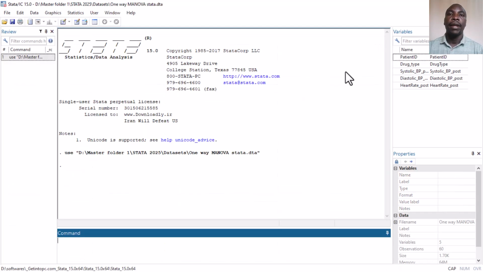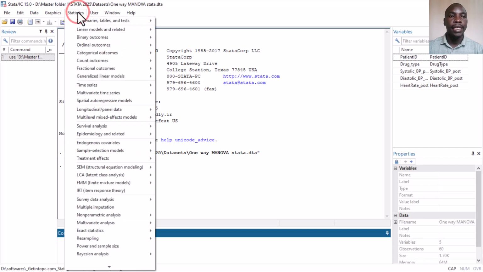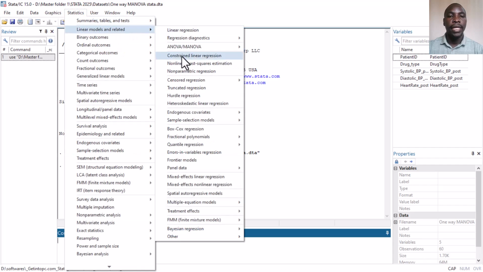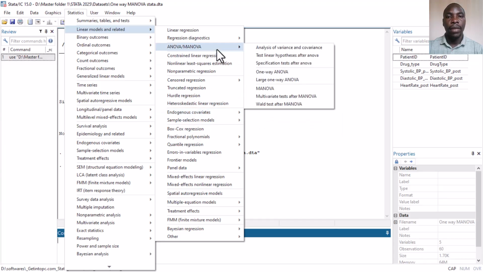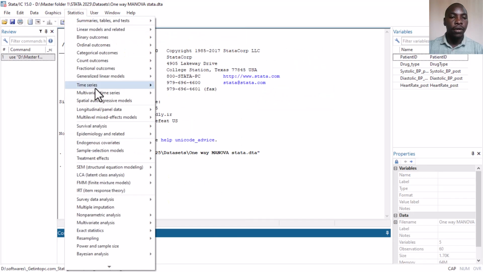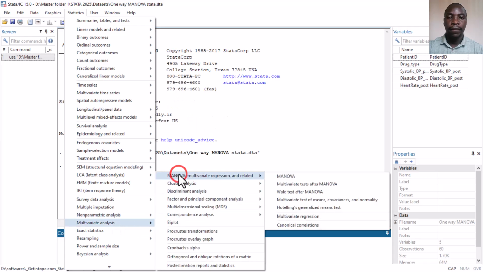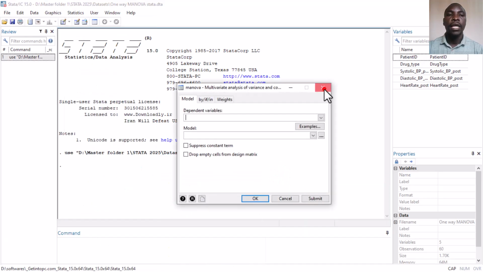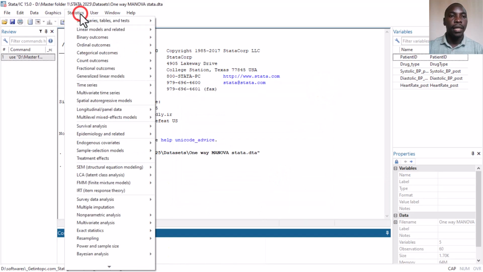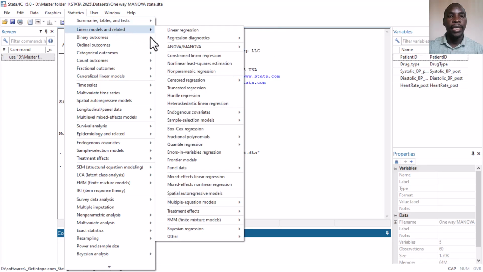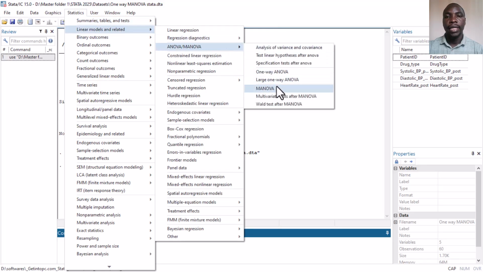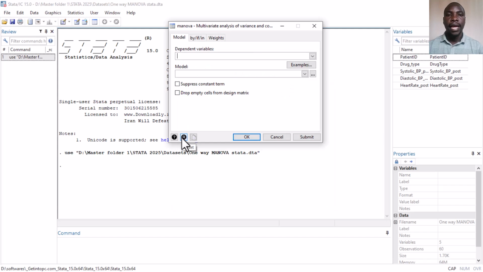To run a one-way MANOVA, simply go to Statistics, Linear Models and Related, then ANOVA MANOVA, and choose MANOVA. You could also get this same test by going to Statistics, Multivariate Analysis, and then choosing MANOVA. Let me go with the first option. In this dialog box, you specify the dependent variables.